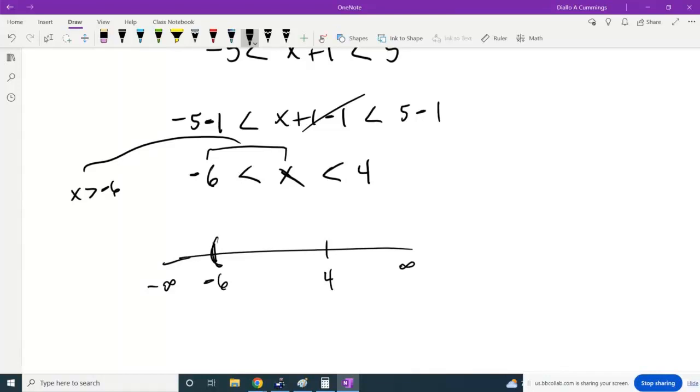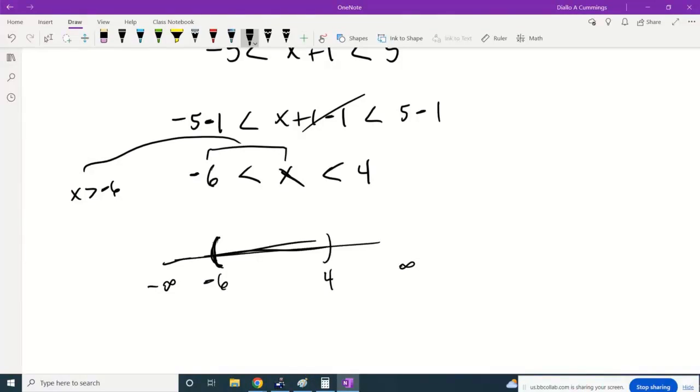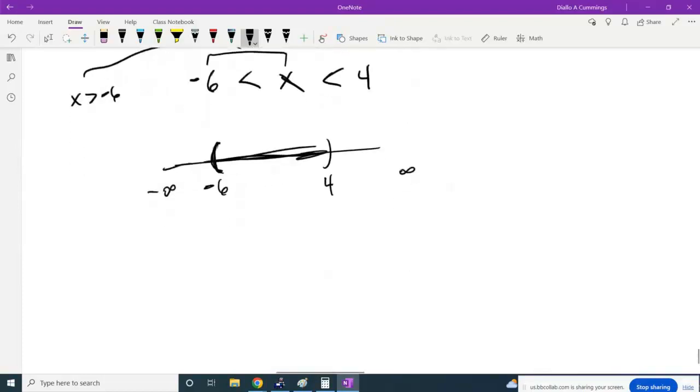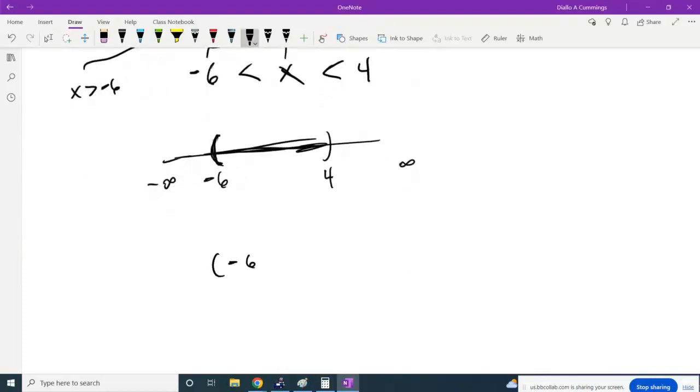So at negative 6, I have a parenthesis that faces the right. My line also extends toward the right. And at the same time, x is less than 4. So at 4, I'm going to have a parenthesis that faces the left. My line extends to the left. So that's my interval notation. It's the open interval from negative 6 to 4.